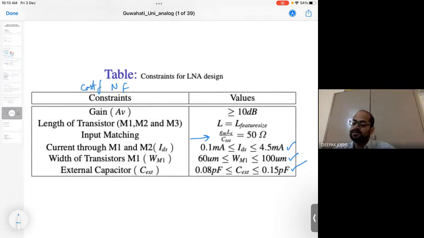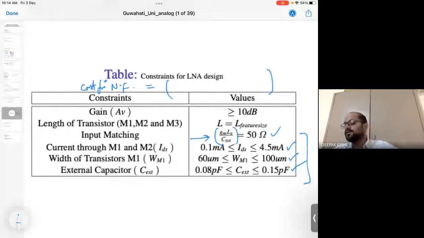So you can write the noise figure relation in the form of these variables, isn't it? GM will be there, and from here you can get the constraint on the inductor.